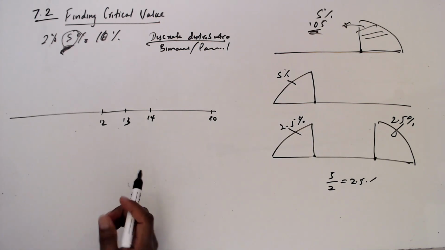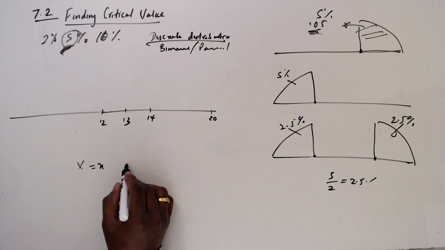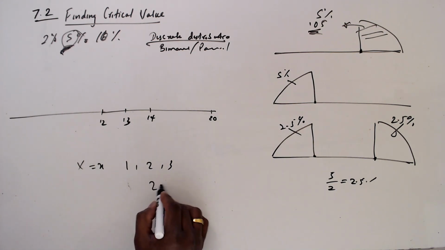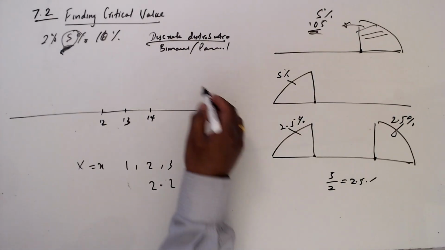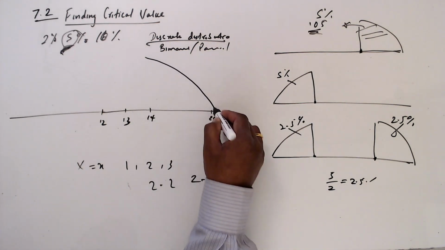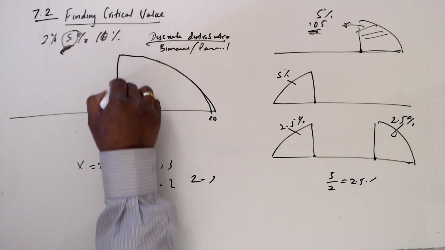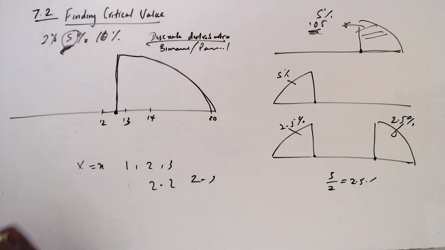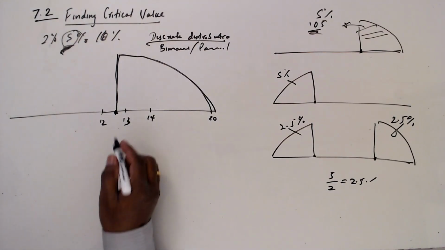Now when you toss a coin, this x value can be 1 or 2 or 3. It can't be 2.2 or 2.3. Because of that reason, when we measure 5%, assume that we measure 5%, the cutoff point is here. But we can't take the cutoff point.